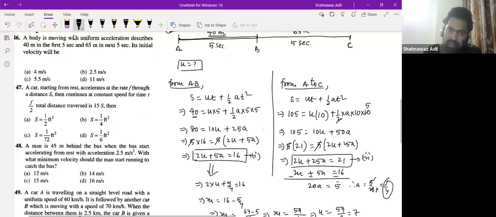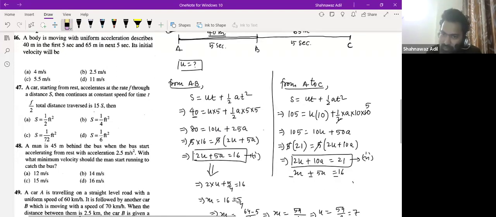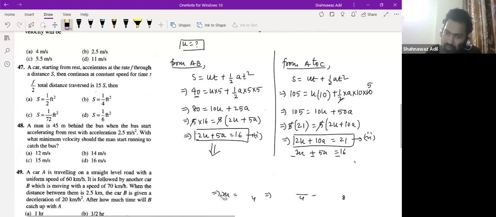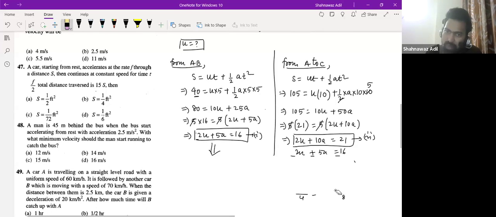So why did I write this as 25? This is 10, right? So this is 10a, and we have 10a. So this one cancels.